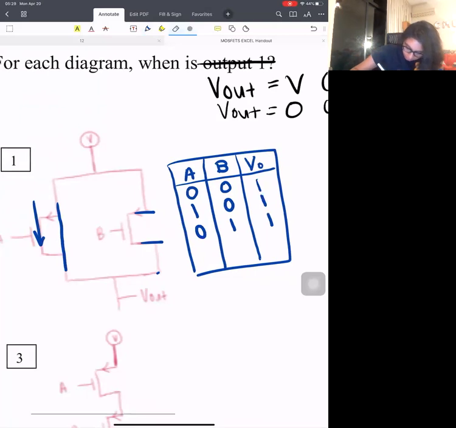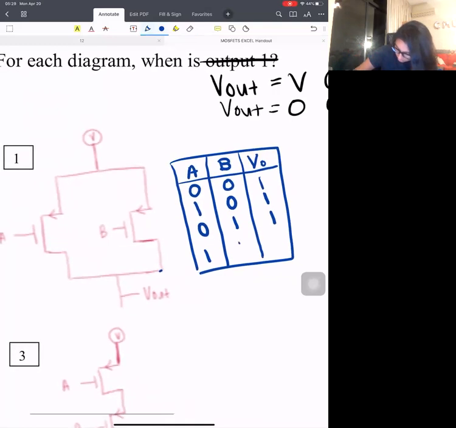And then for the final trial, you're going to say A is on, B is on, which means that both of these are open circuits because your PMOS is going to be off if its source is on. And that means that this V out is completely disconnected from this voltage source.